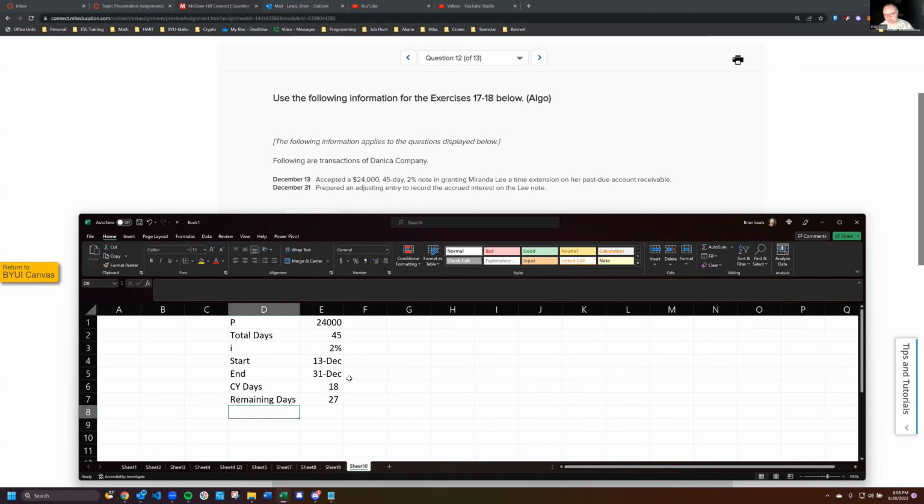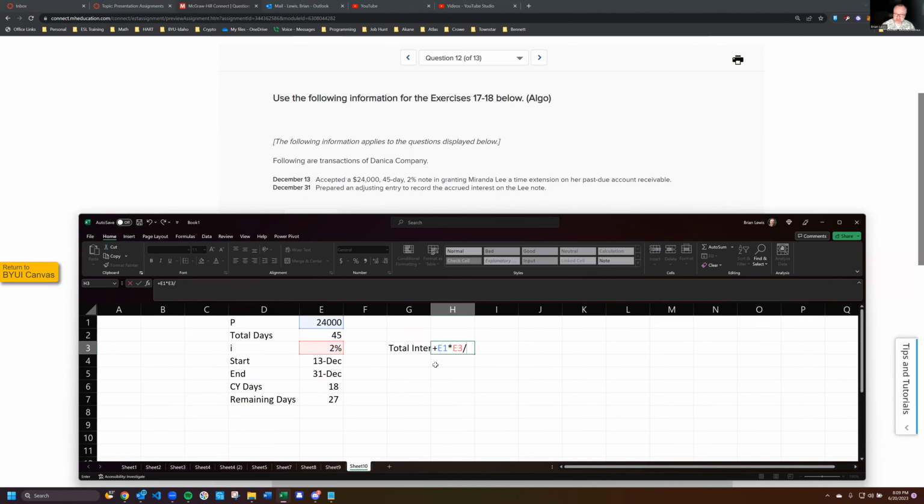Okay, so using this, I can then figure out the amount of total interest. Total interest is going to be the total amount times the interest percent divided by, now this is going to be the trick.